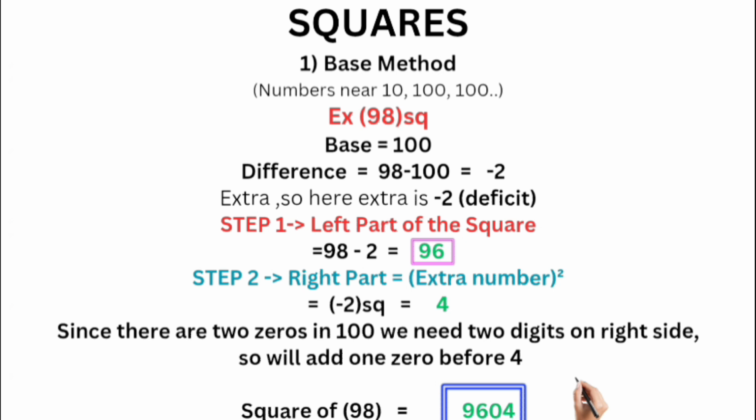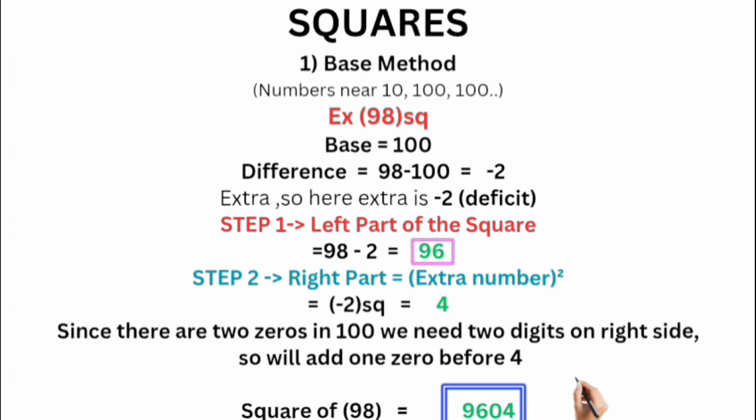Since there are two zeros in 100 and the right part is having only a single digit 4, we need two digits on the right side, and for that we will add one more zero before 4 because there is only one digit. So to make it two digits, we will add one more zero before 4, and adding a zero before a digit doesn't change the number. So the square of 98 now will be 9604.